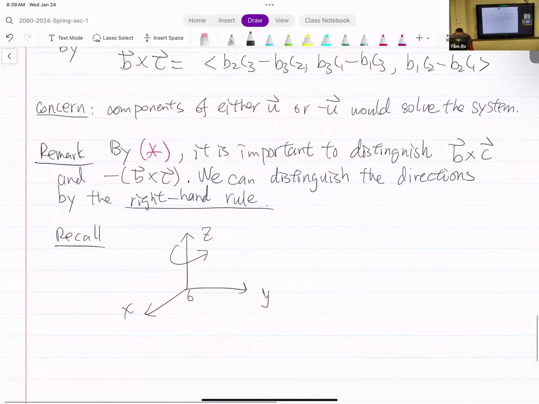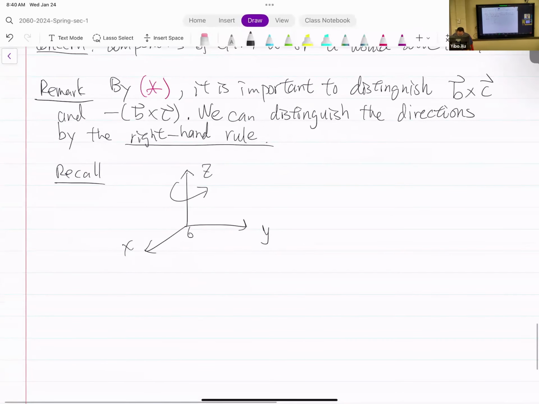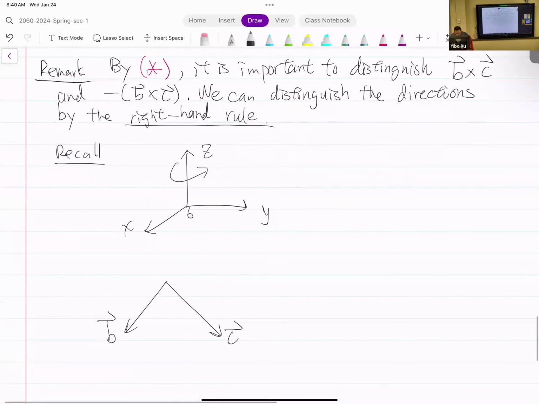To put this down in a figure, let's say our vectors B and C are like this. Let me stand up again. If you assume that B and C lie exactly in the plane in front of you on the monitor, then the four fingers go along the direction of B, you bend along the direction of C, and the thumb is pointing towards yourself, outside of the monitor.